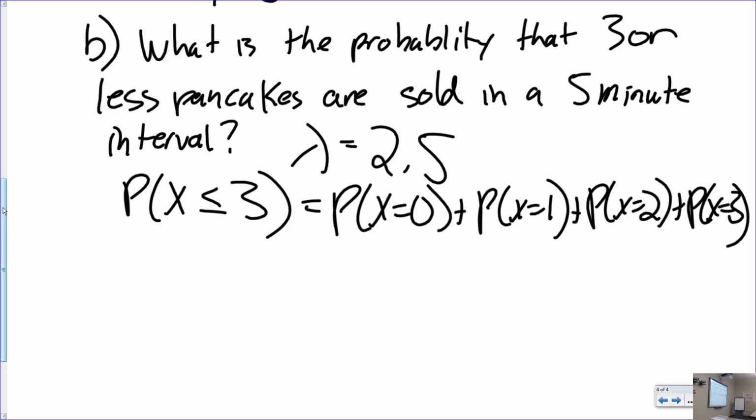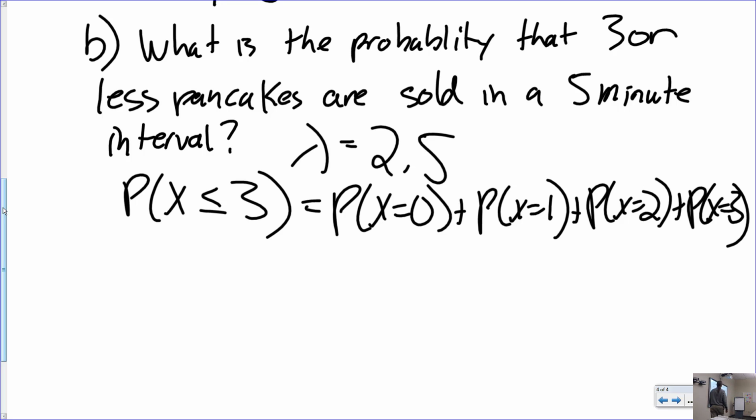Anytime you have less than or greater than, you have to add up everything that is less than or greater than. You're still doing the same math for every individual piece of this sum. It's just that the x has to change every time.